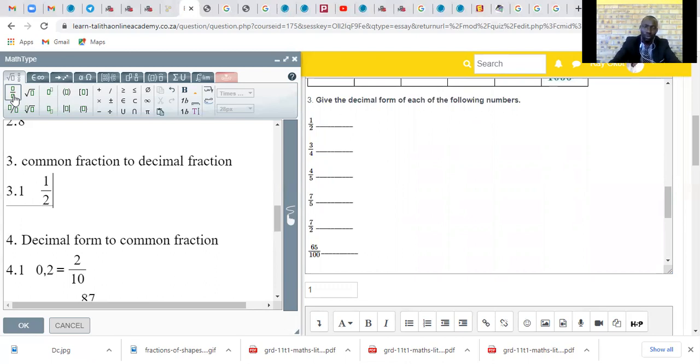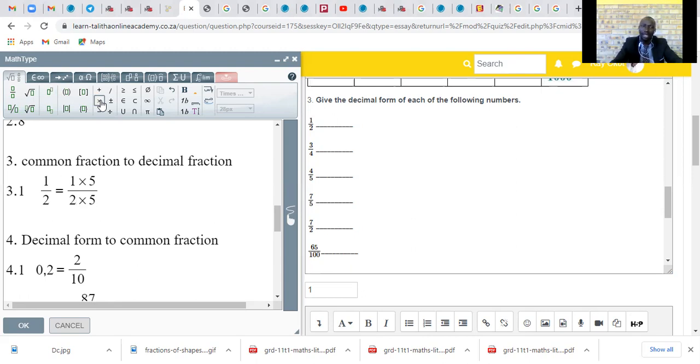Now, what we want to do is first to express this fraction, 1 divided by 2, with a base of 10. How do we get 10 from 2? We get 10 from 2 when we multiply it by 5. And so we also have to do the same for the numerator.